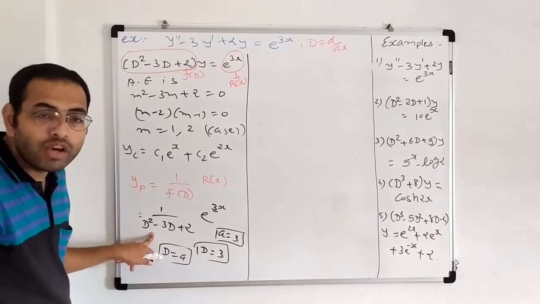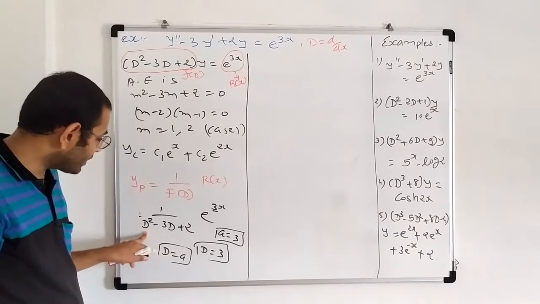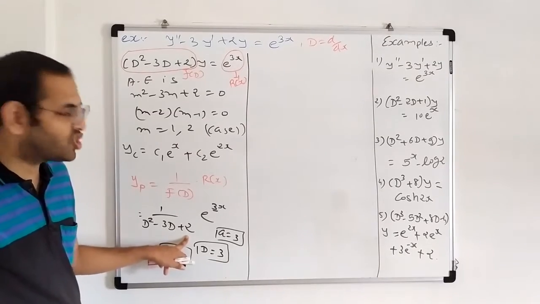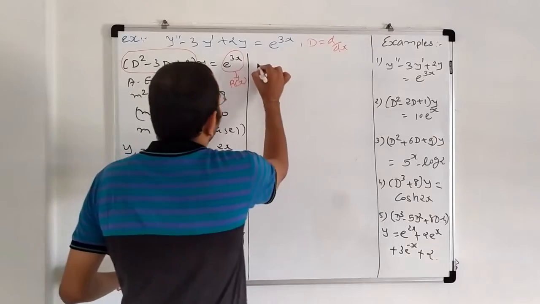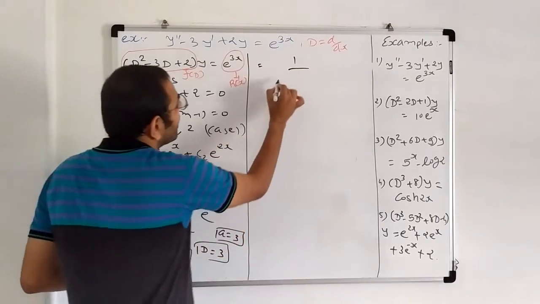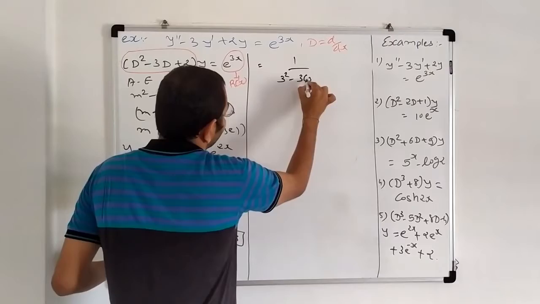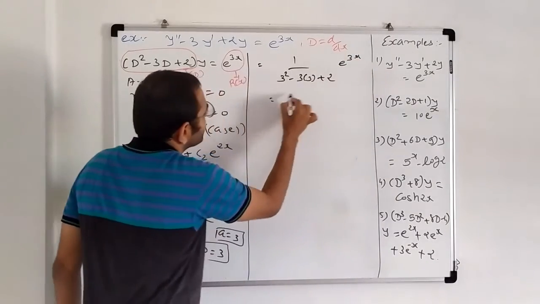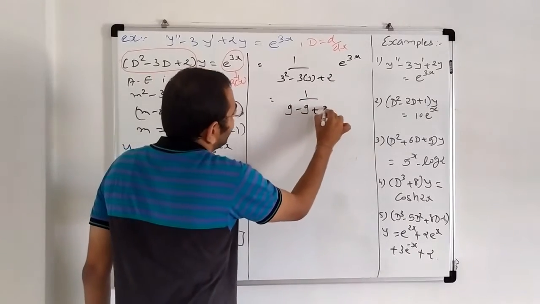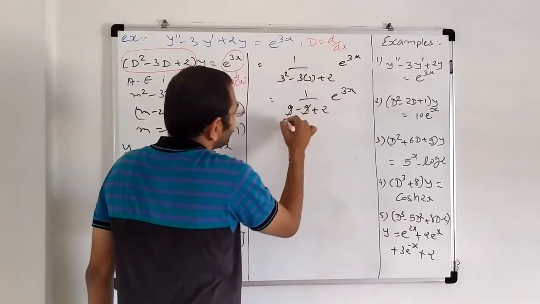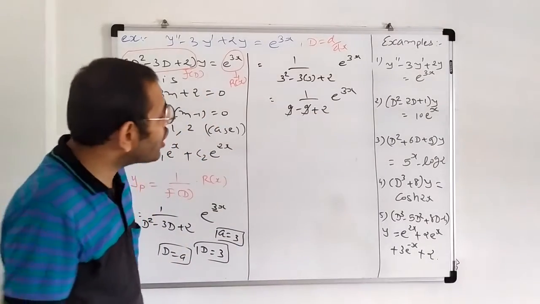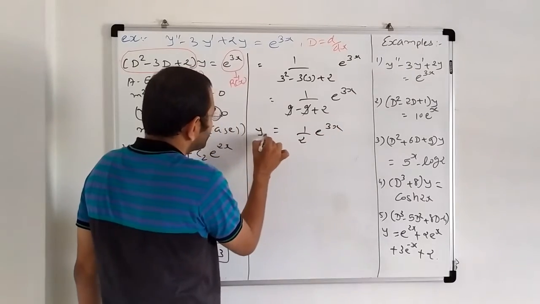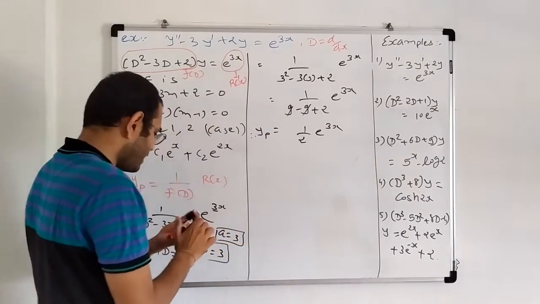In this equation, we replace D by a, but the denominator cannot become 0, so we can put a directly. Then 3 square minus 3 into 3 plus 2, into e raised to 3x. Then 3 square is 9, minus 9 plus 2, with e raised to 3x. The denominator cannot become 0. That is our YP. It's very simple. Then we get YP equal to 1 by 2 e raised to 3x.